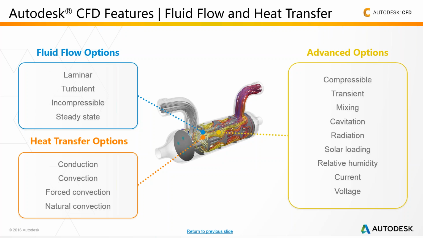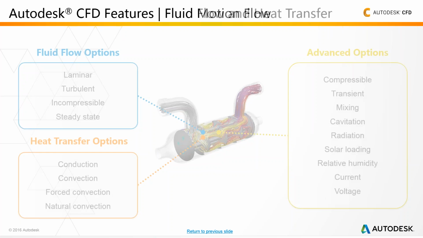For example, compressible flows, transient or time-dependent analysis, mixing, radiation as a heat transfer mode, solar loading, humidity, current and voltage, cavitation. So the ability of choosing the right level of the tool is going to be important.